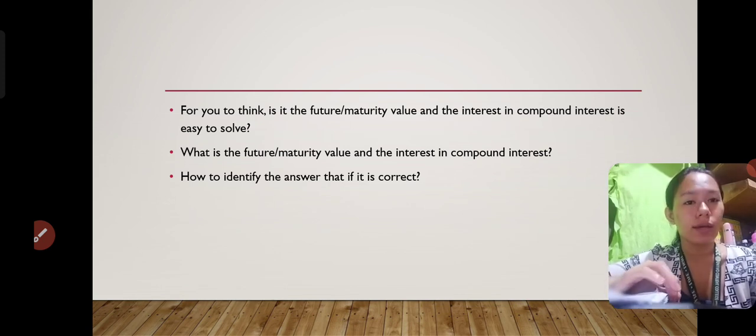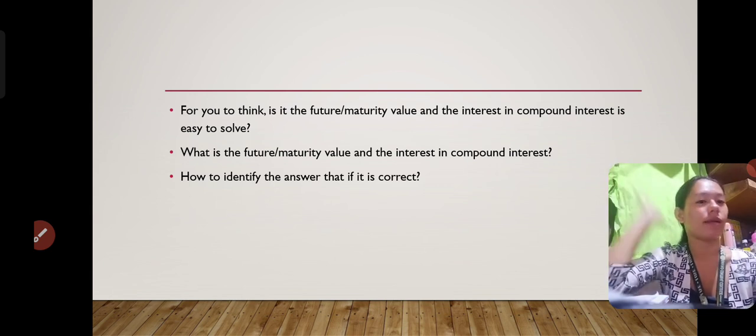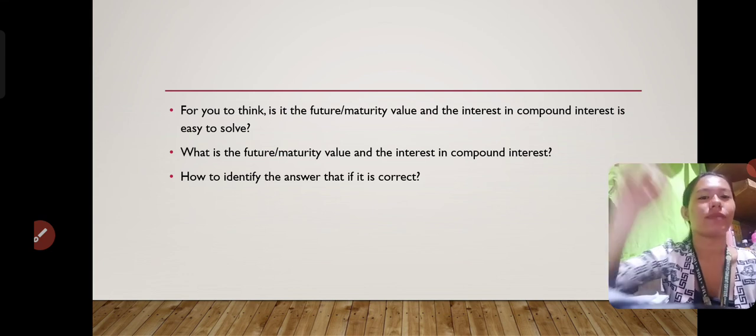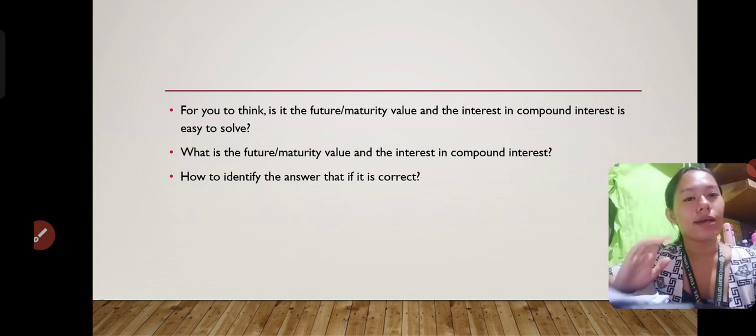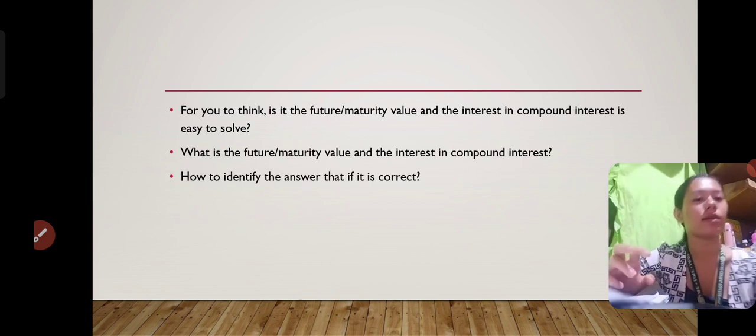For you to think, is the future or maturity value and the interest in compound interest easy to solve? Okay, Giselle. Thank you. Second, what is the future or maturity value and the interest in compound interest?